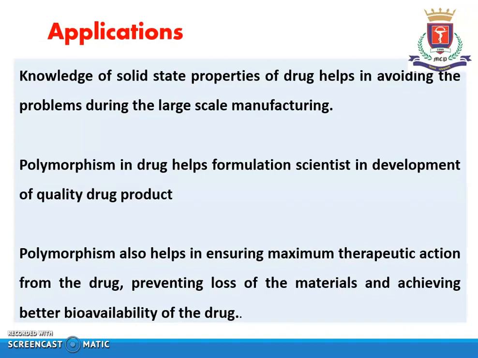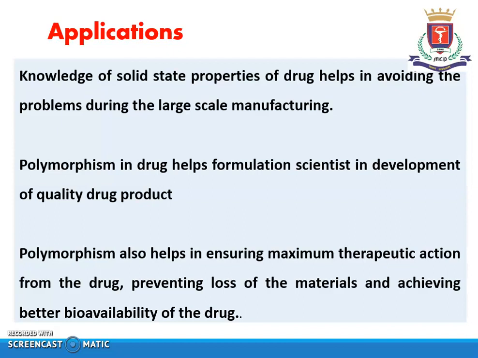Coming to the applications of polymorphism, we have to remember these 3 points. The knowledge of solid state properties of the drug helps in avoiding problems during manufacturing. So during the pre-formulation study itself, you should study the different polymorphic forms of the drug and their physicochemical properties.